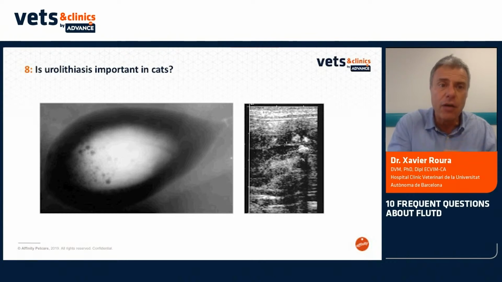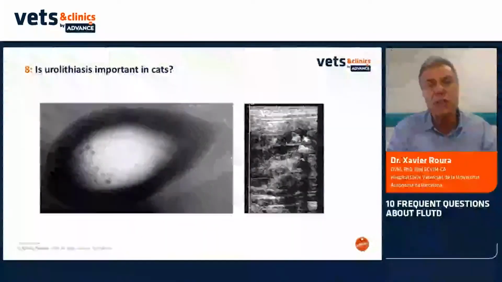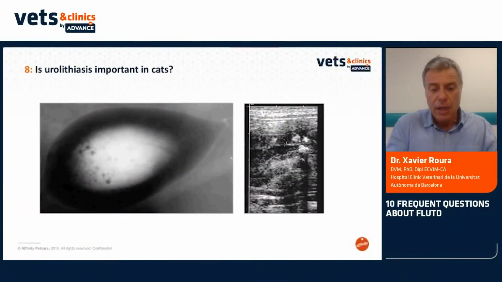For other kinds of uroliths that we could find in the lower urinary tract that do not have radio-opacity on X-ray, we can use other diagnostic tests. But remember that these three other potential uroliths could perhaps be bubbles of air localized in the urinary bladder.